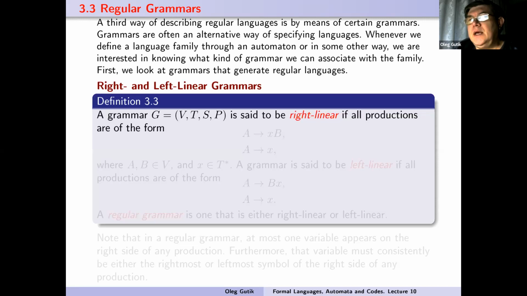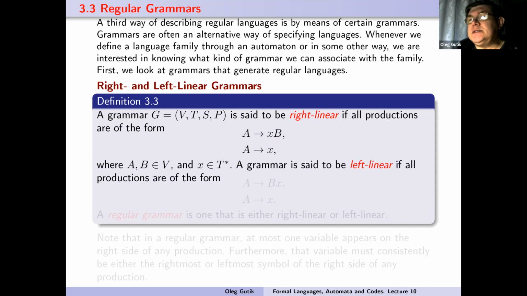Definition. A grammar G is said to be right linear if all productions are of the form A to xB, A to x, where A and B belong to V and x belongs to T star.